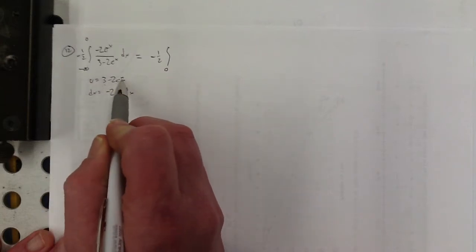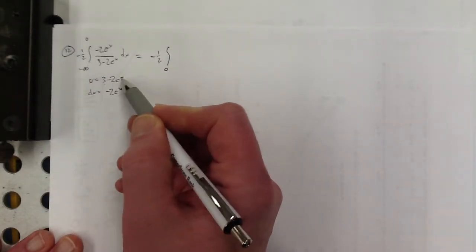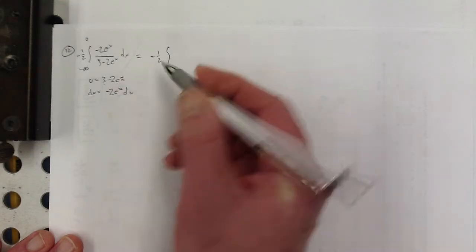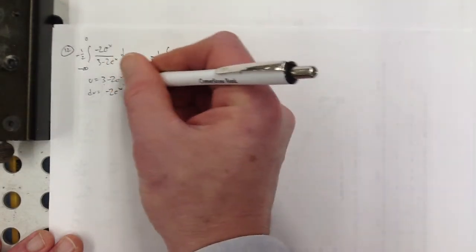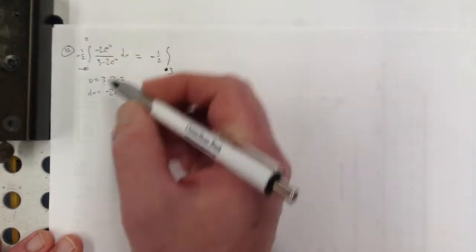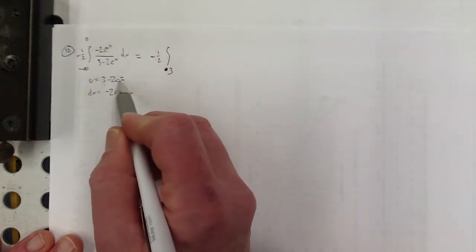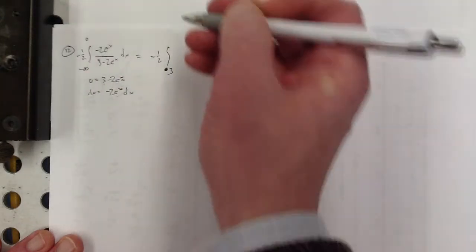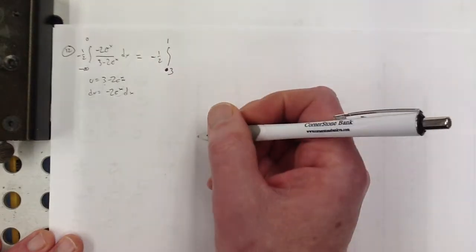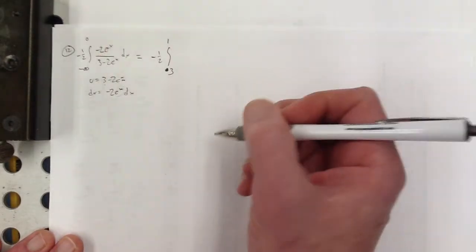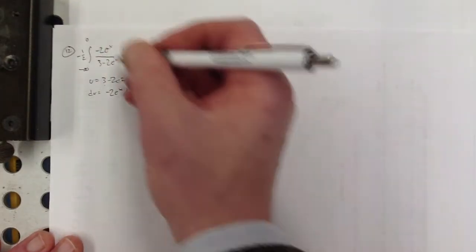Yes, e to the negative infinity is 0, so that makes this 0, and that makes this 3. 3 minus 0 is 3. Sorry about that. And then when I plug the 0 in, e to the 0 is 1, so 3 minus 2 is 1.